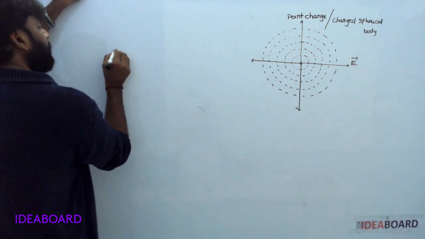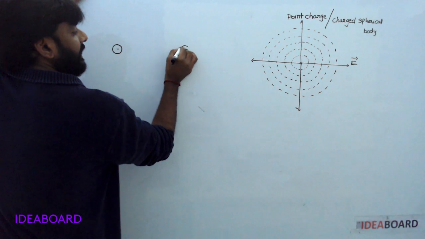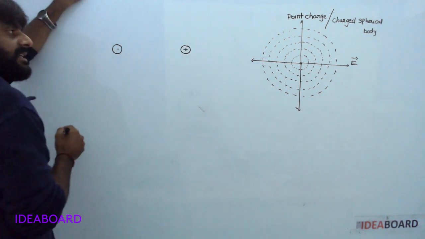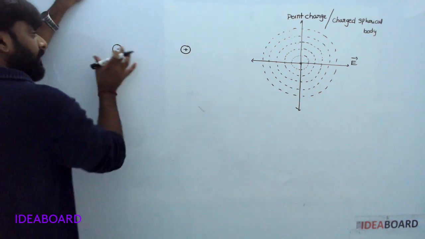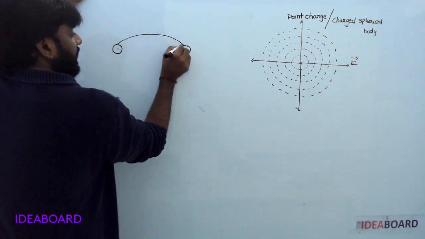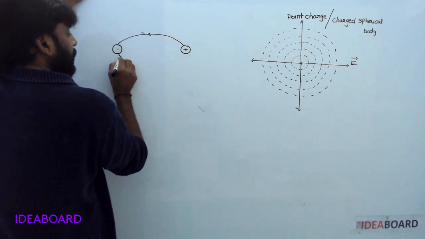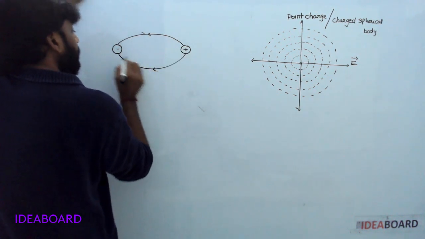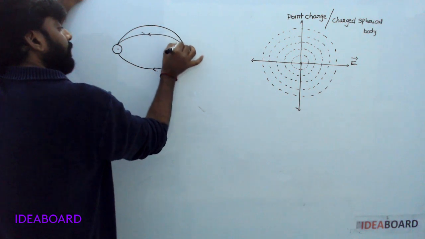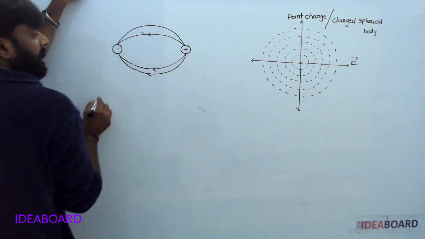Dipole means, you know, equal and unlike charges separated by a certain distance, a very small distance. Lines of force go from positive to negative. Understood?